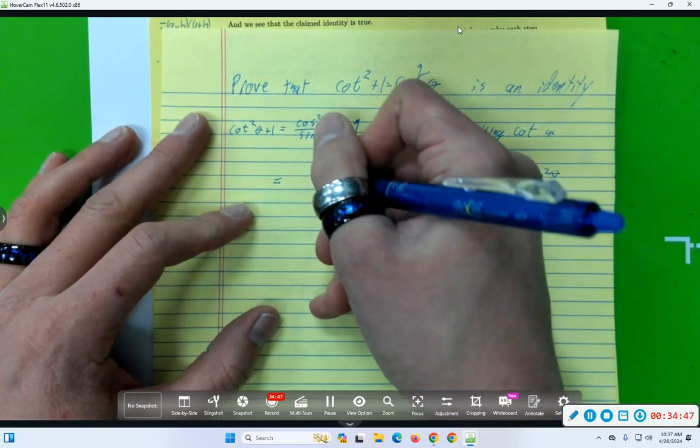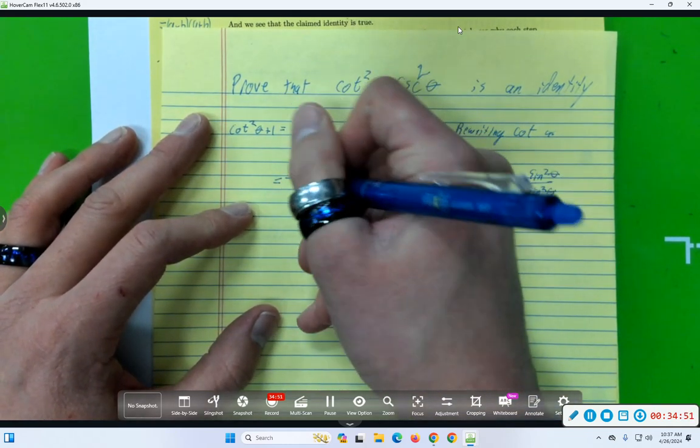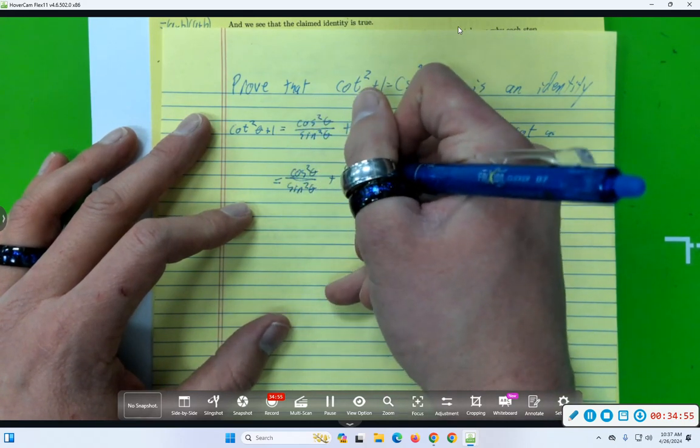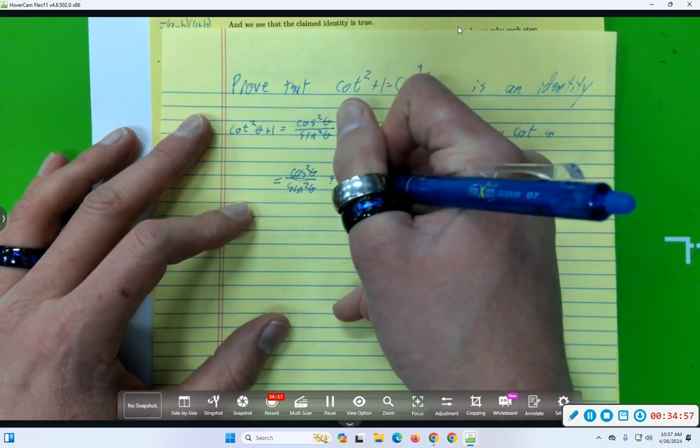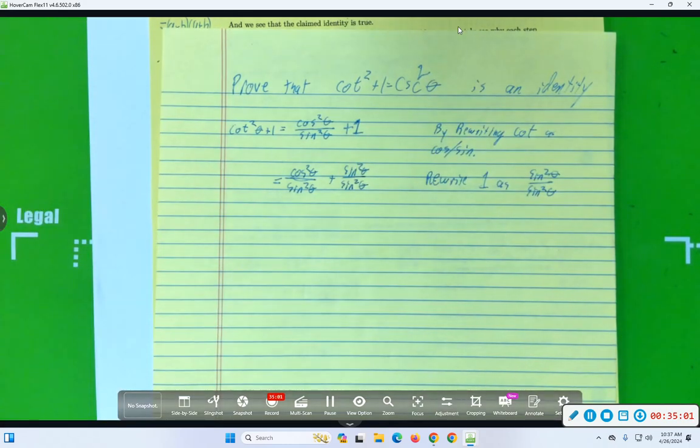So this becomes cosine squared theta divided by sine squared theta plus sine squared theta over sine squared theta. That's not the only way to describe either of those steps in words. I just want a formal description that tells me what you did. There's more than one way to put those into words. All right, what next?